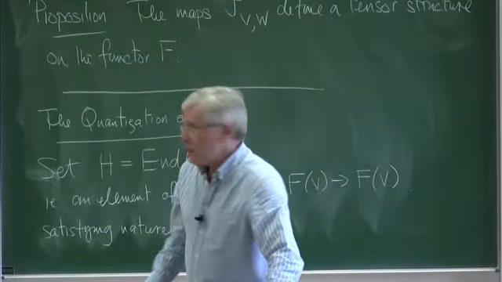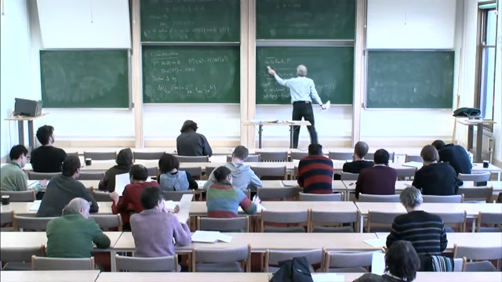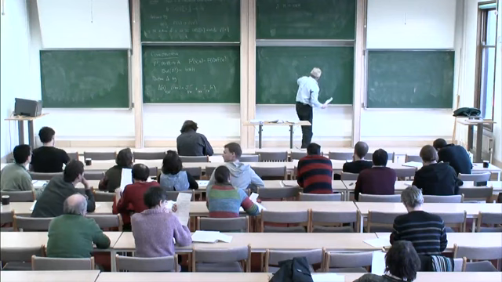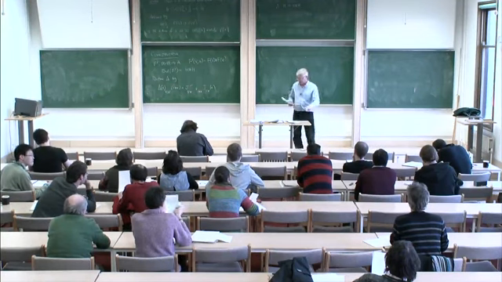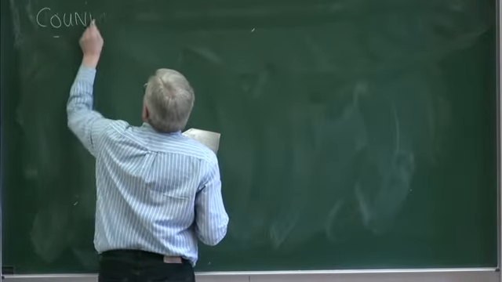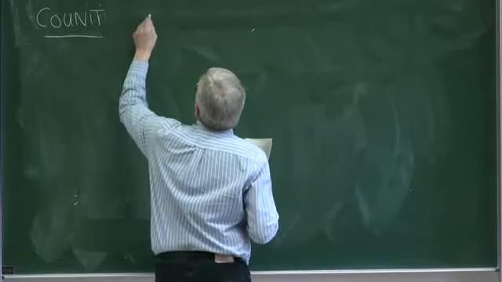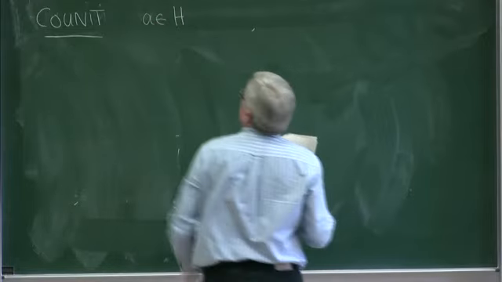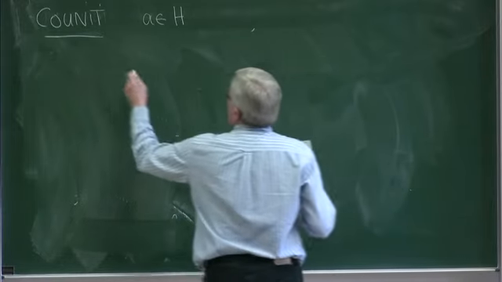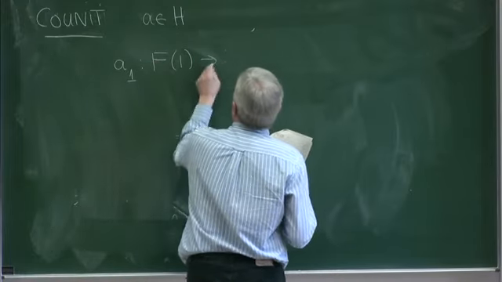So next I give the co-unit. So I've got A and H. Then consider A1 from F of 1 into F of 1.